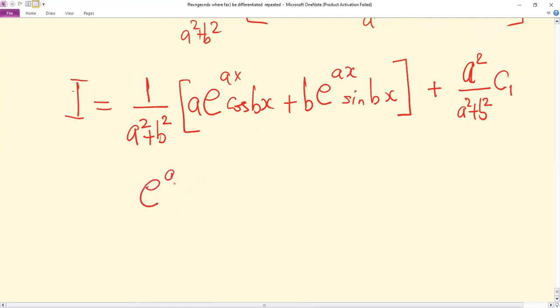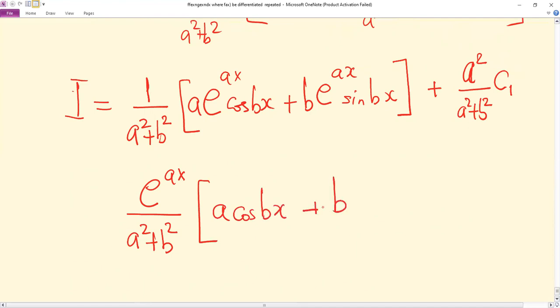So I can take this one to be one constant, and I say this is the same as e raised power ax over a squared plus b squared into a cosine of bx plus b sine of bx, and then plus a constant c, where c is the same as this part here.